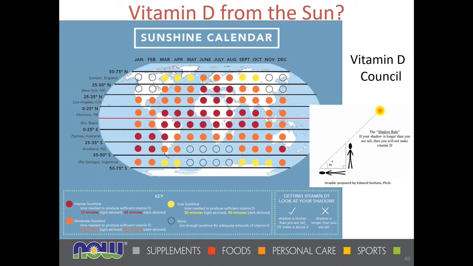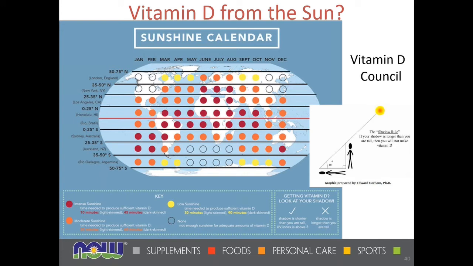So say, take the one from New York, the June, July, August, you can make the most vitamin D. In March, April, May, and September, October, you can make vitamin D, but only at certain times of day. And between November and February, you cannot make any vitamin D. The sun is at too low an angle.